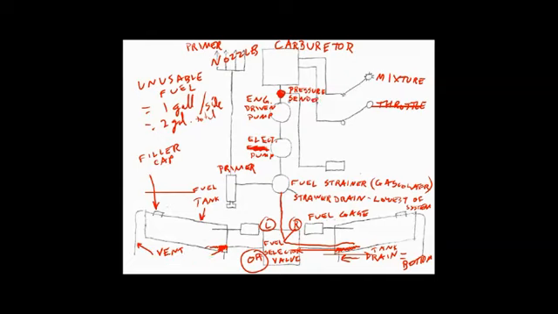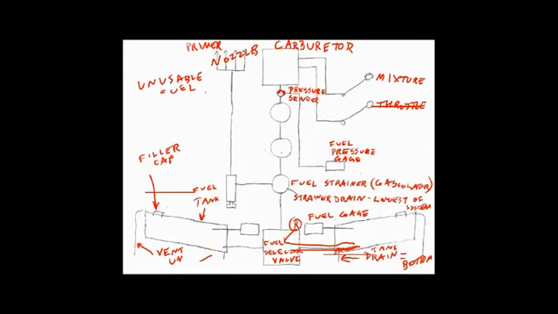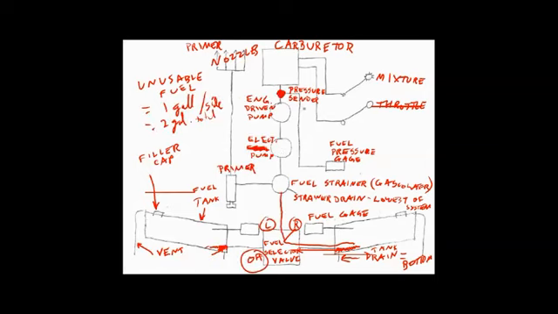That pressure sender is telling the fuel pressure gauge. So here's our fuel pressure gauge. It's sending an electrical signal to the gauge so we know what the fuel pressure is, and it's telling us our fuel pressure after both pumps.